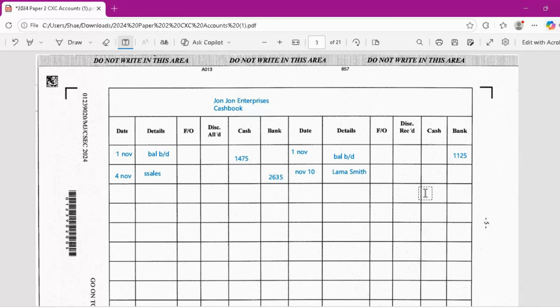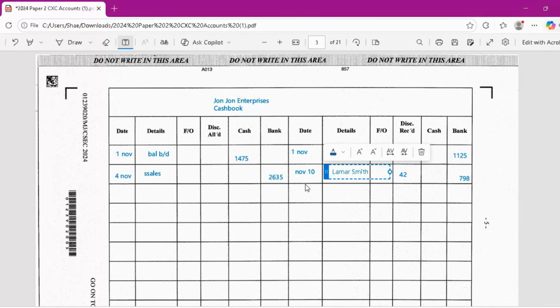So 840 multiplied by 5% is $42. So he received $42 discount. And then you minus the 42 from the 840 to give you how much you would have paid, and that is $798. And remember, they said from the bank. Very simple.